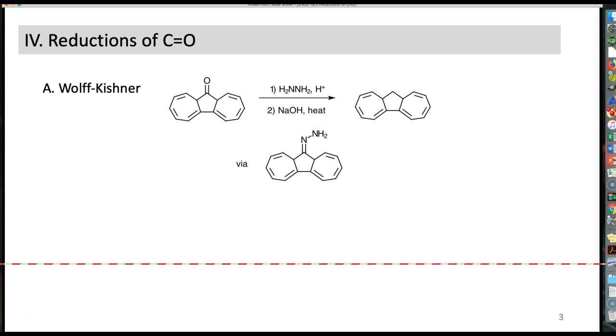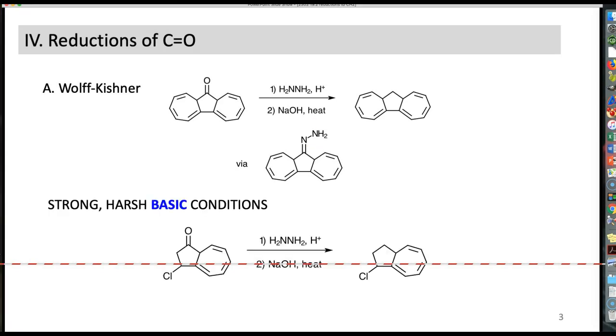So the Wolff-Kishner works because we have hydrazine making this intermediate hydrazone, which then allows for the formation of a negative charge, and under basic conditions we eventually lose nitrogen, the carbanion gets protonated, and so on. So that's why we learned about it before. It's a great way to reduce carbonyls. However, it's very harsh, and it's clearly under strongly basic conditions. It's sodium hydroxide and heat.